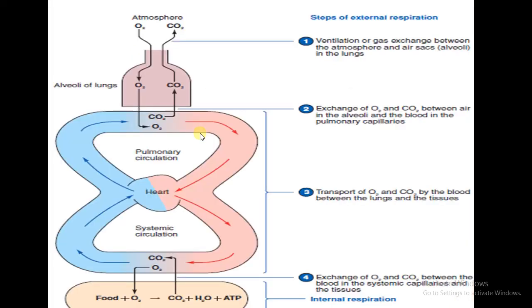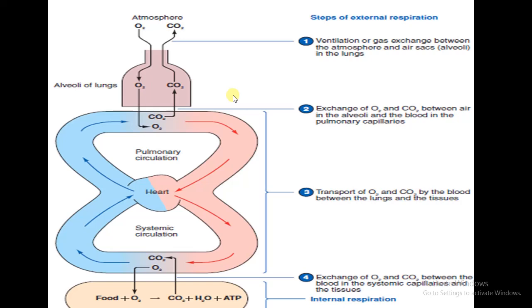In this unit, or in the physiology of respiration, we basically will be understanding the process of external respiration. So we will focus our attention on the process of external respiration, while the process of internal respiration you must have studied in detail in biochemistry.